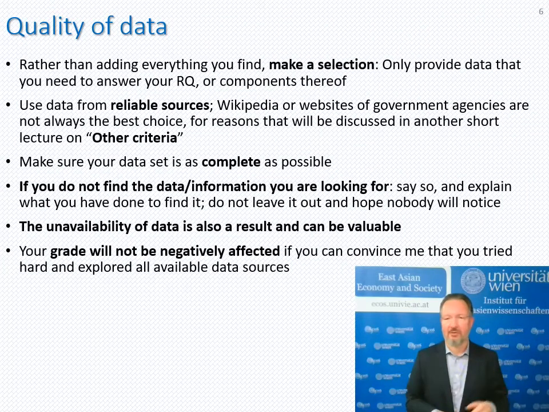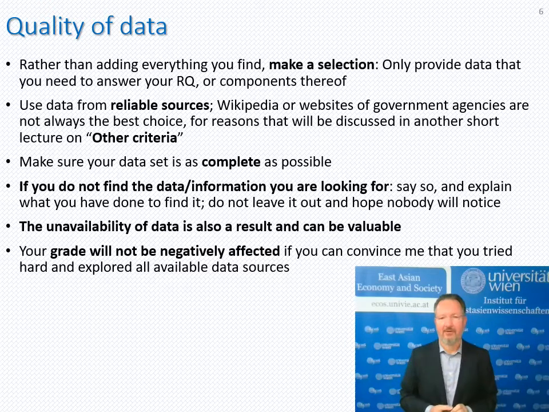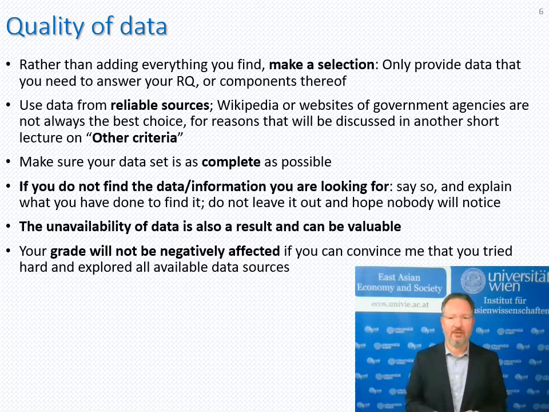Yes, I have quality of data in my grading criteria, and sometimes students ask me, what do you mean by quality of data? I'm trying to explain this a little more in detail here. First of all, you have to provide data selectively, not everything you find, because some of it might be more relevant, other stuff might not. Also, we have this problem of reliability of sources.